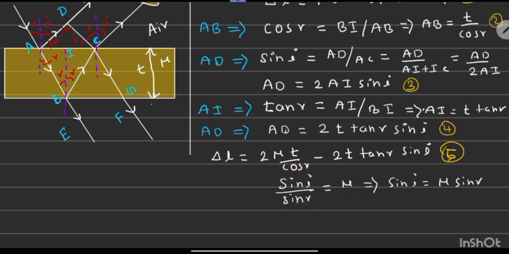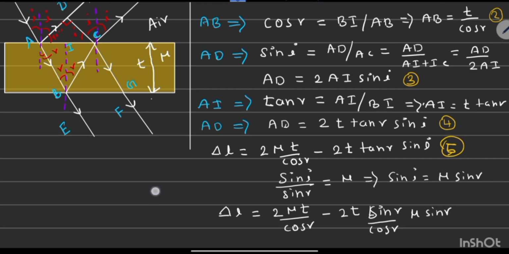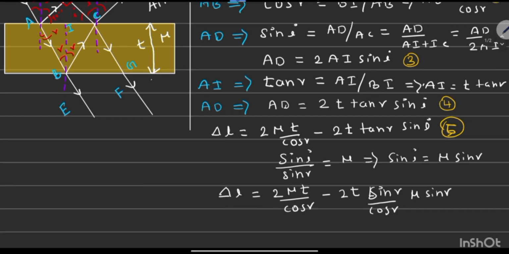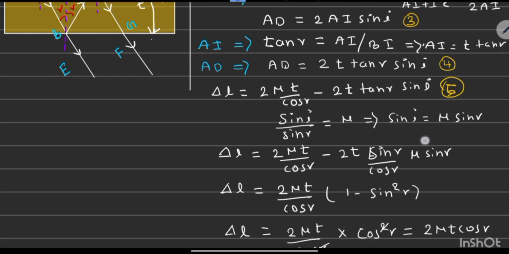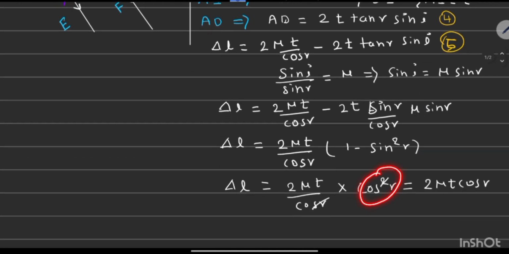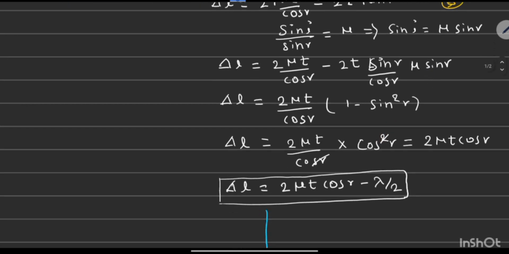Substituting that, we get delta L in the following form: 2 mu t by cos r minus 2t sin r by cos r into mu times sin r, and we get delta L is equal to 2 mu t cos r into 1 minus sin squared r. So 1 minus sin squared r can be written as cos squared r, and cos r into cos squared r can be simplified in the following way: delta L is equal to 2 mu t cos r.